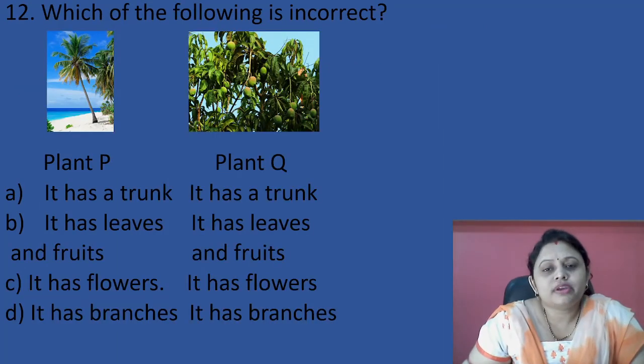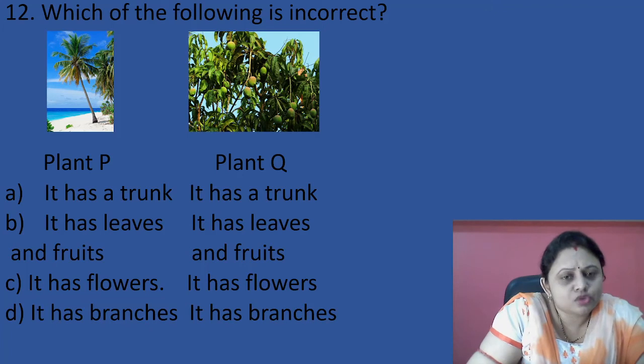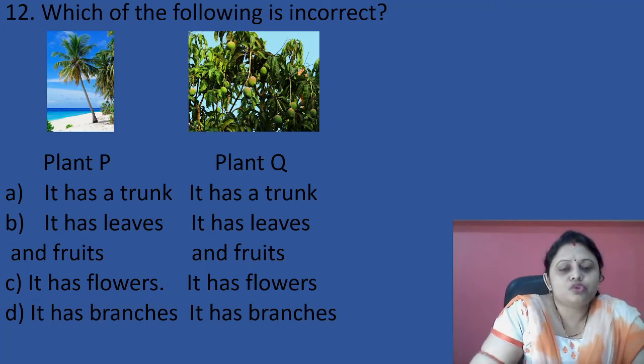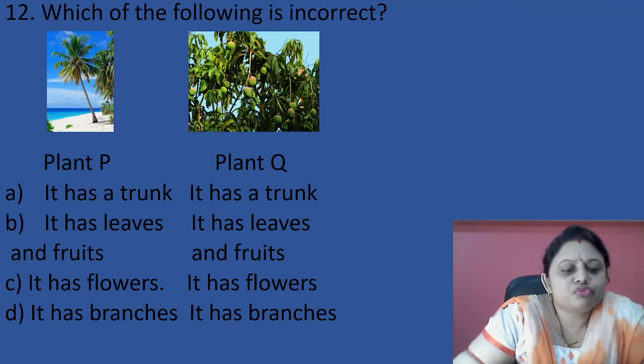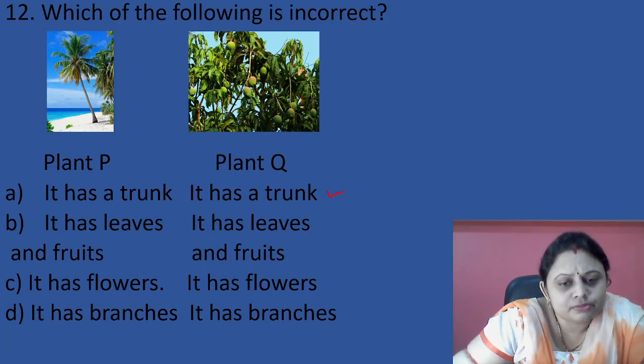Which of the following is incorrect? There are two pictures, the first one is plant P and the second one is plant Q, and you can see that plant P is a coconut tree and plant Q is a mango tree. So we have to find the correct option. Plant P has a trunk, plant Q has a trunk. Yes, both have trunks. Plant P has leaves and fruit, plant Q has leaves and fruits.